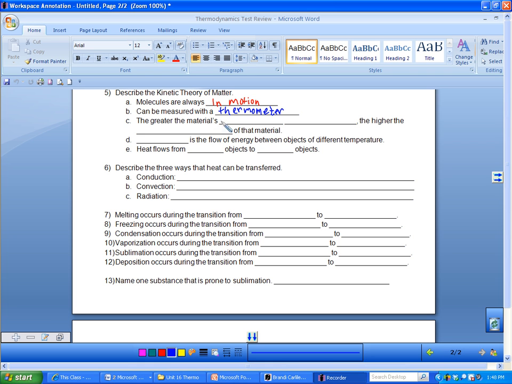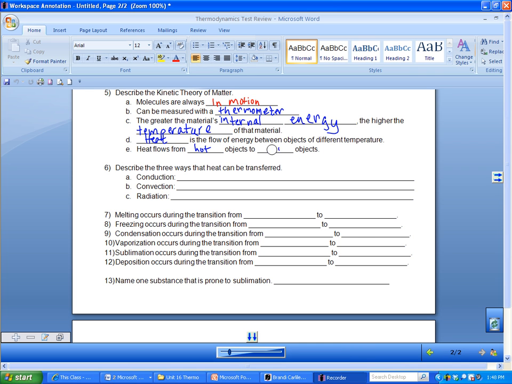The greater the material's internal energy, the higher the temperature of that material. Okay. Heat is the flow of energy between objects of different temperatures. Heat flows from hot objects to cold objects.